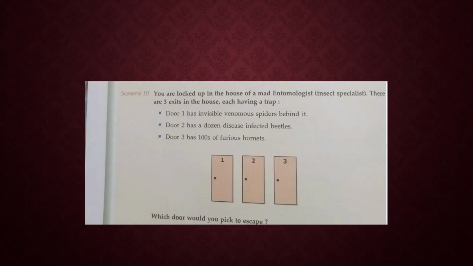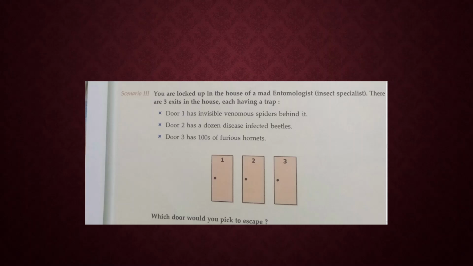So third question is, you are locked up in the house of a mad entomologist, meaning an insect specialist. There are three doors to escape from that house. In door one, you have invisible venomous spiders behind it. In the second door, a dozen disease-causing infected beetles. And in door three, there are hundreds of furious hornets.